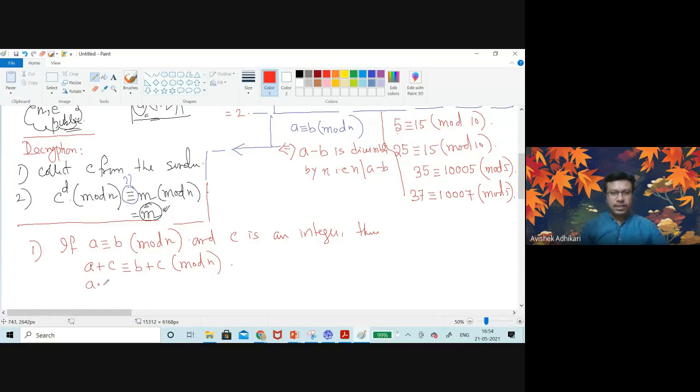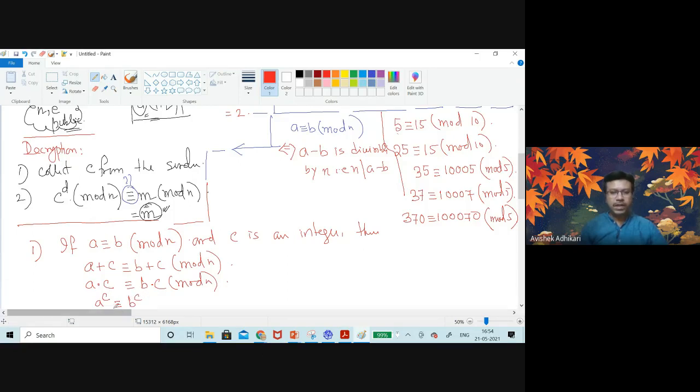Not only addition, you can also do multiplication. Then also this property remains the same. For example, if you multiply 10 on both sides, then you will have the same thing modulo 5. Not only that, if you want to take a power, and that's very important in cryptography, many times we do powers, and the same thing happens here.